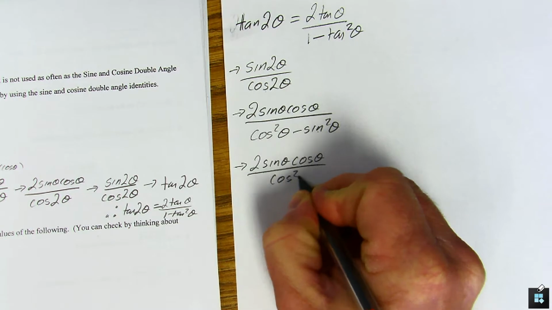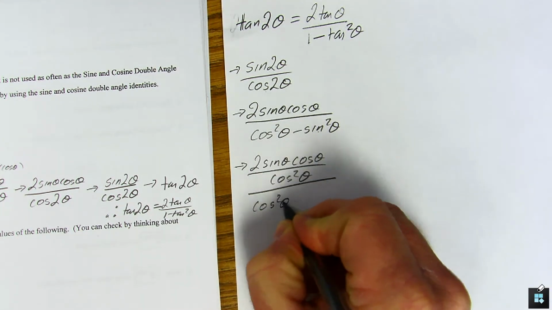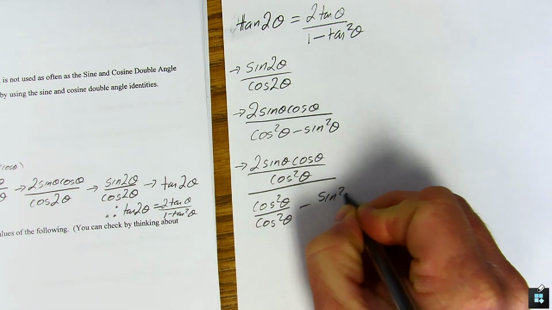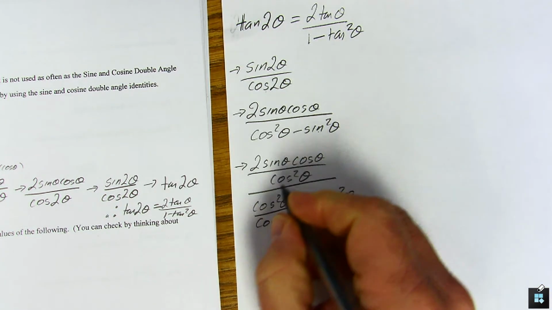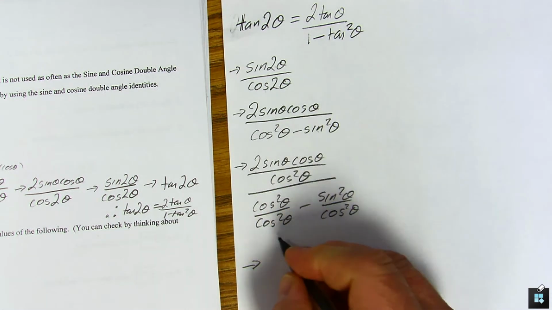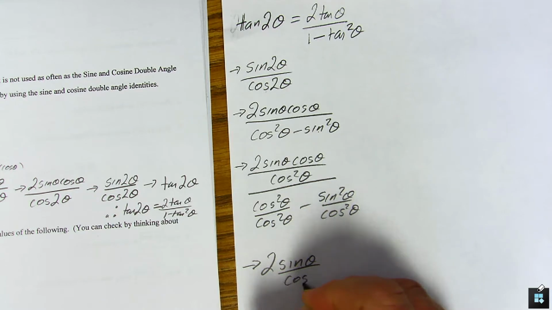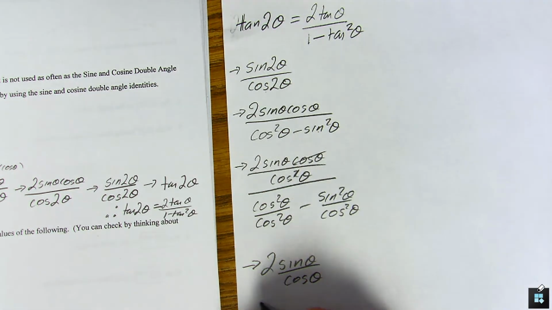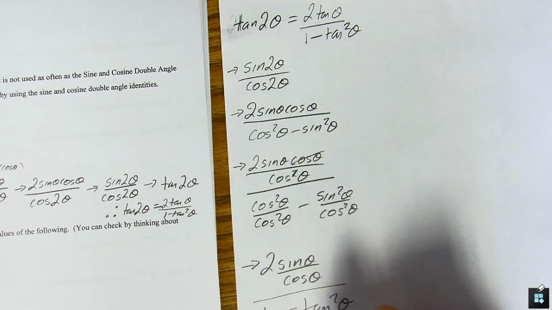Okay, so then we get this divided by cosine squared theta over cosine squared theta minus sine squared theta over cosine squared theta. So then we would get 2 sine theta over cosine theta, because this would simplify one of those, divided by cosine squared over cosine squared, which is 1, minus tangent squared theta.